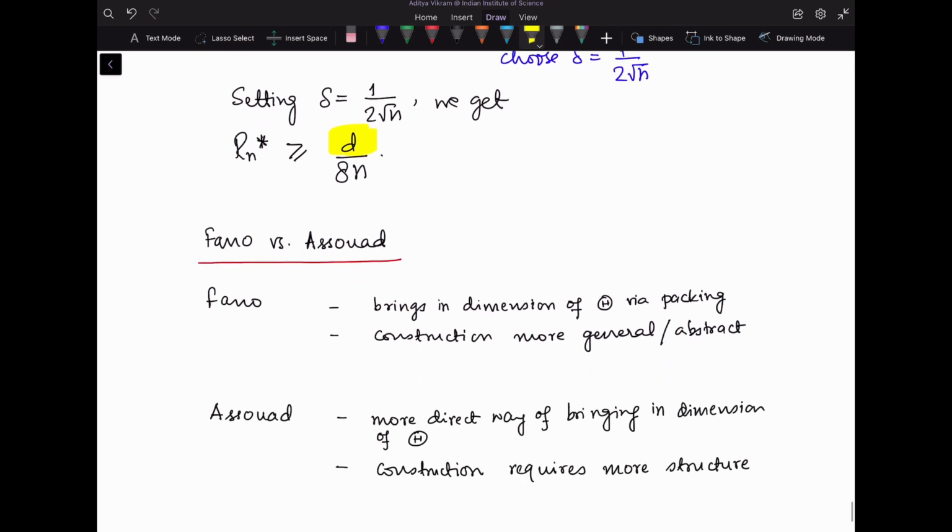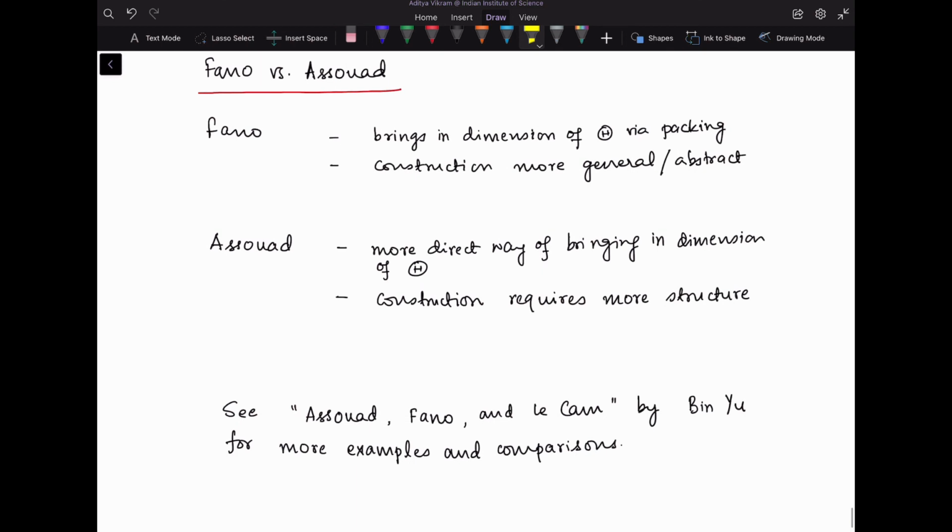Let's compare Fano's and Assouad's methods. In Fano's method, the dimension of the parameter space entered the lower bound via a packing argument, and the construction was more general and abstract. Once you have a finite set of distributions, you can always apply Fano's inequality to obtain a lower bound.